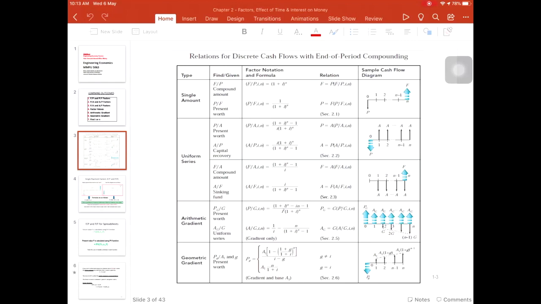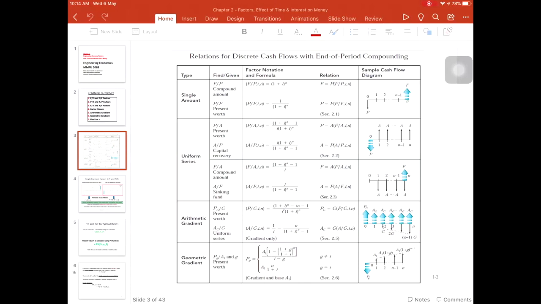Don't worry about the tables or the formula. If I'm not mistaken, the coordinator will give the formula within the exam. If it's in the exam, we will give it.